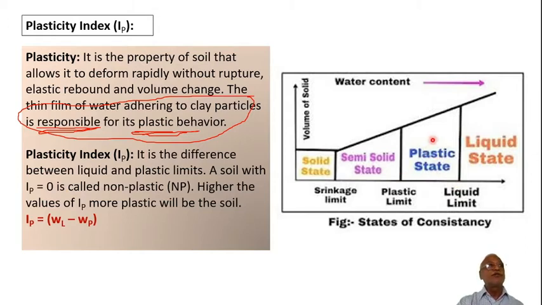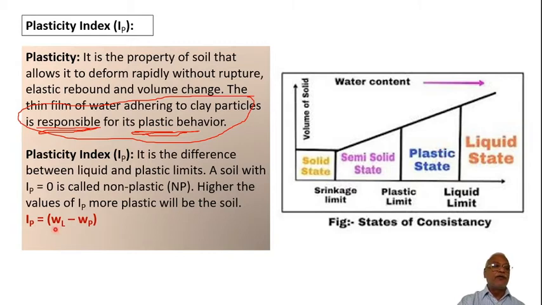Obviously all the coarse grain soils will not have any plastic state as such. Because of that they are non-plastic, and it is represented as NP. Higher the value of IP, more plastic will be the soil. IP is nothing but WL minus WP. It is the range of water content in which the soil is in plastic state.